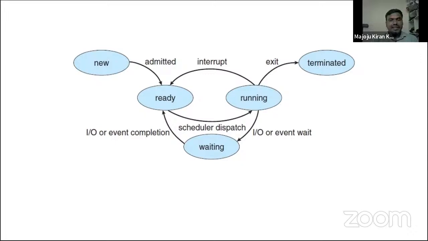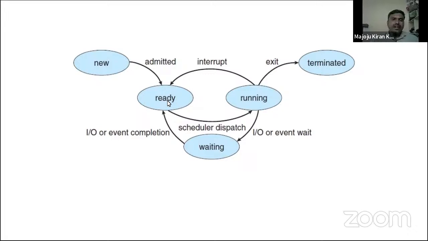While it is in the waiting state, if it tries to run again, it is not directly possible. It should move to the ready state again to get the CPU. So when the process is created, first it will be in the new state, and then it will be sent to the ready state. In the ready state, all these processes will be waiting for the CPU.